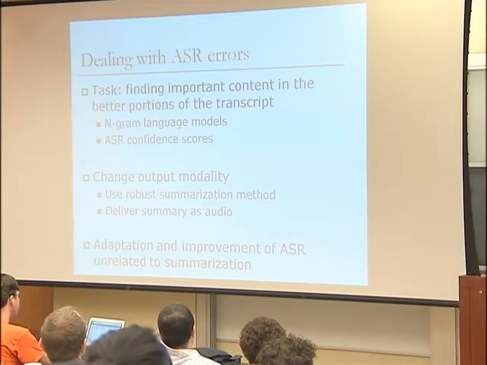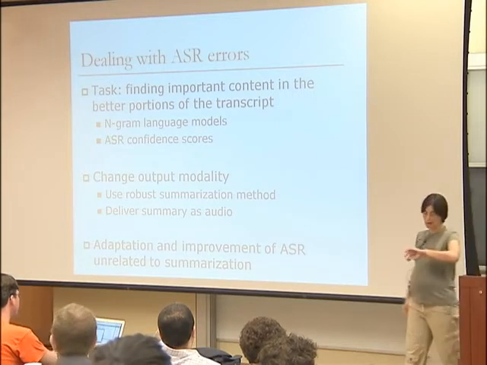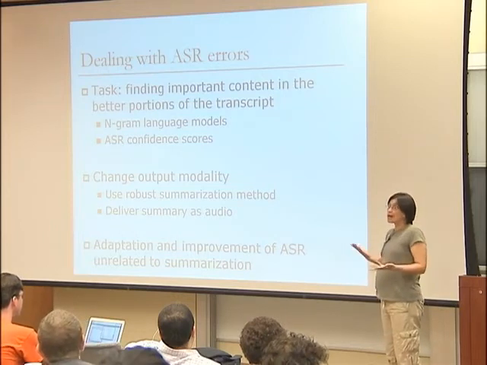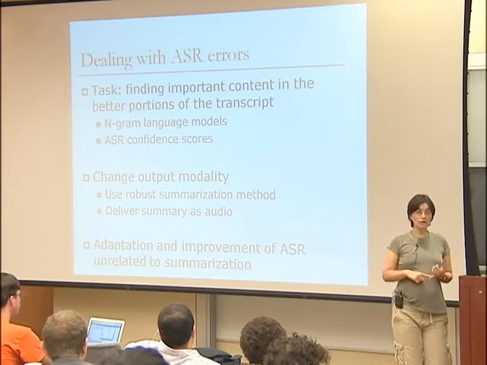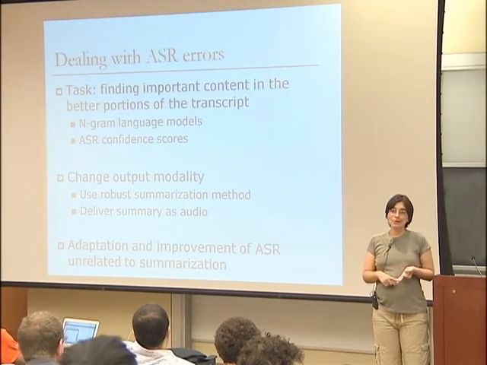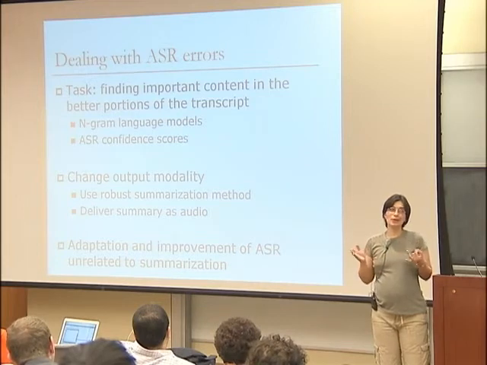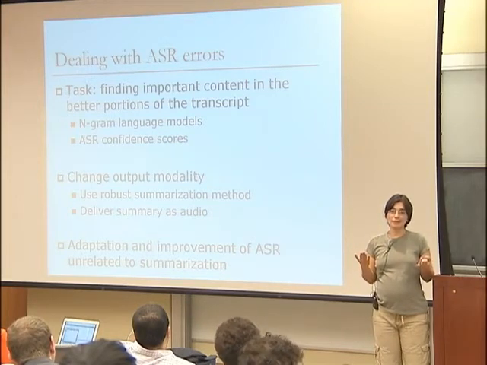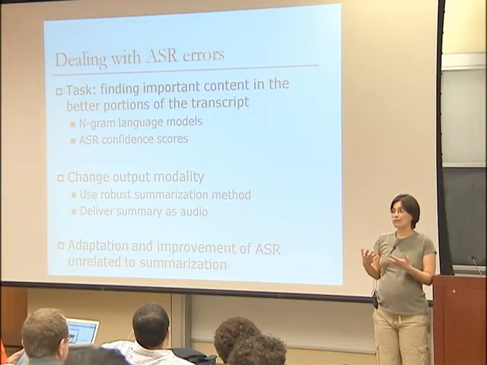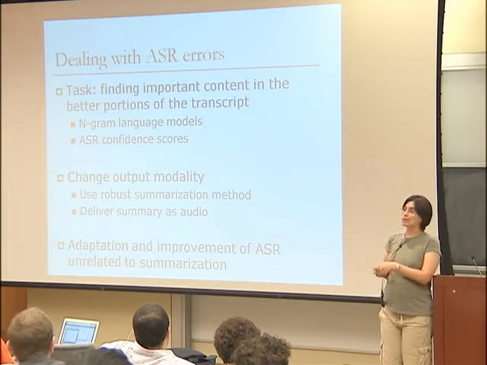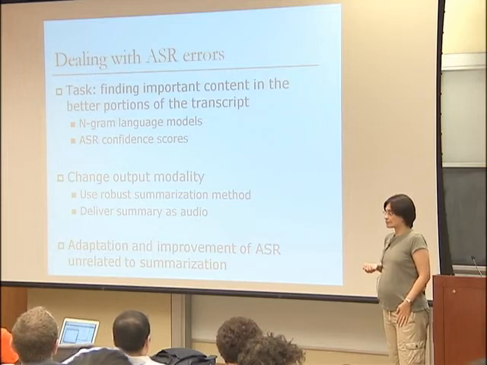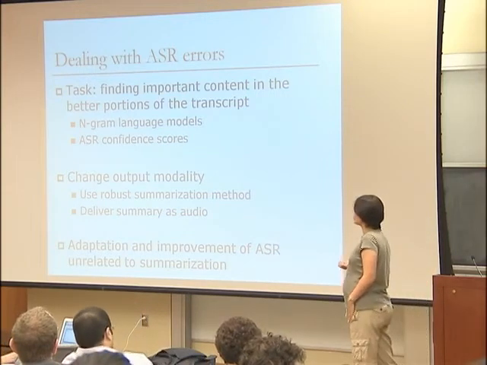Well, one thing that people have done is say, okay, now we have a modified task. Now we not only want to find important content, but we want to find important content in the portions of the text that we believe have better recognition rates. So now you have another component in what you're trying to optimize. You want important content, and you want to select this content from the portions where your automatic speech recognition system worked well.